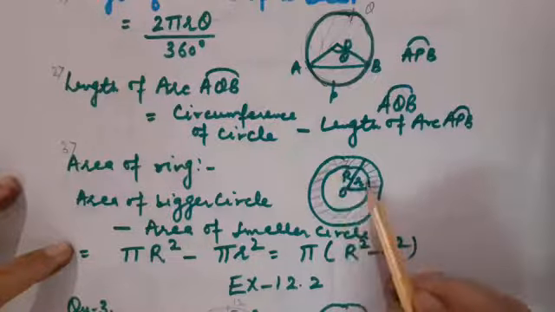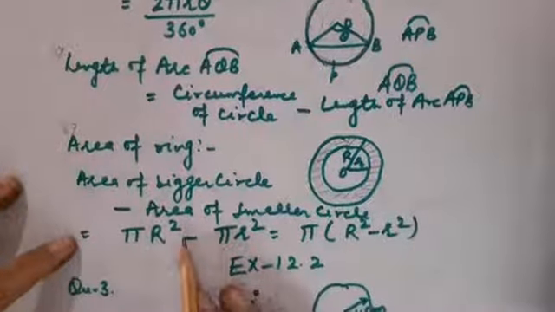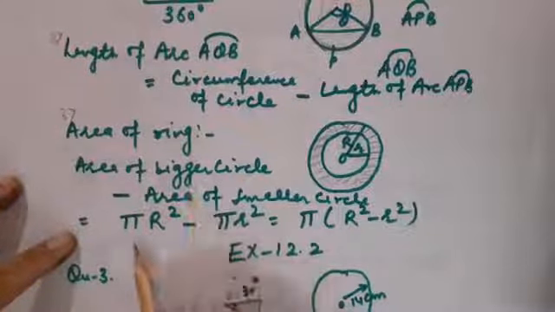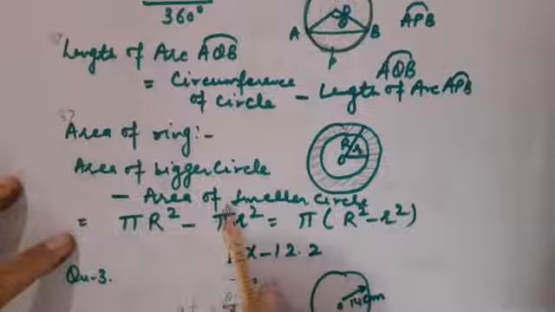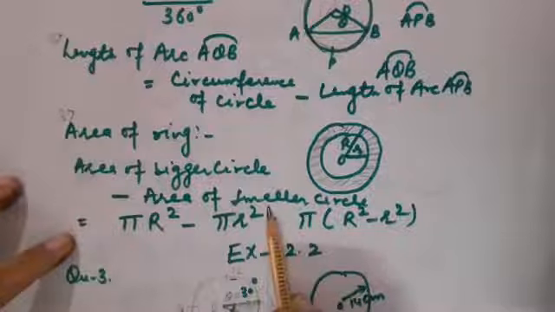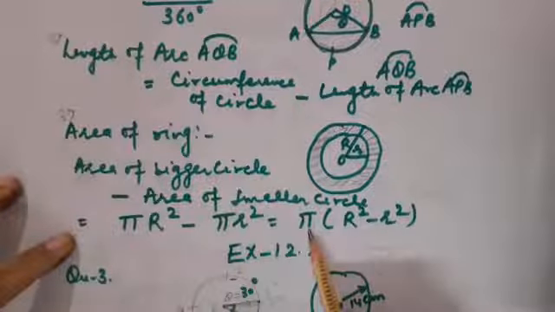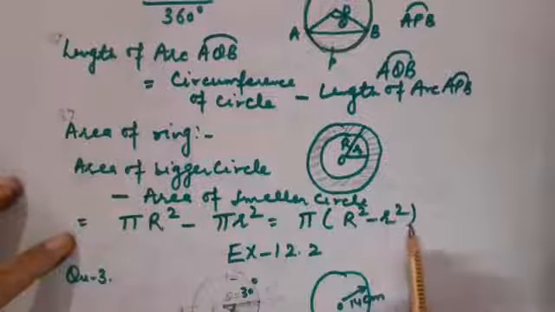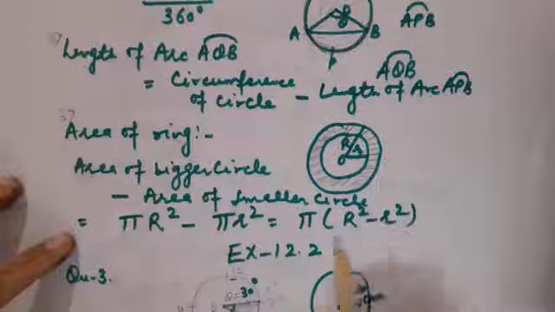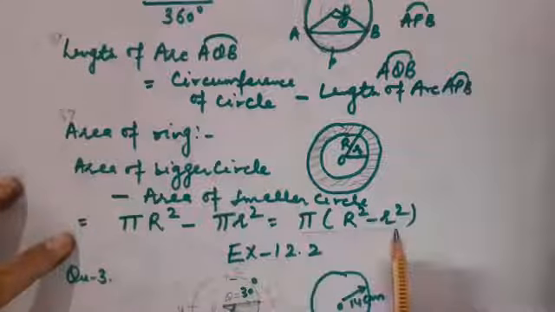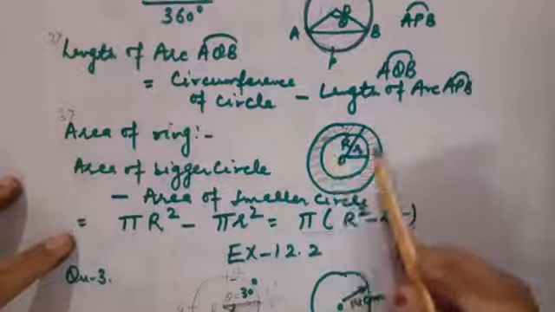So you know area of circle is pi r square. So this is area of bigger circle is pi capital R square minus area of smaller circle is pi small r square. Taking pi as common, it would become capital R square minus small r square. So this is the area of calculating the area of the ring. Clear?